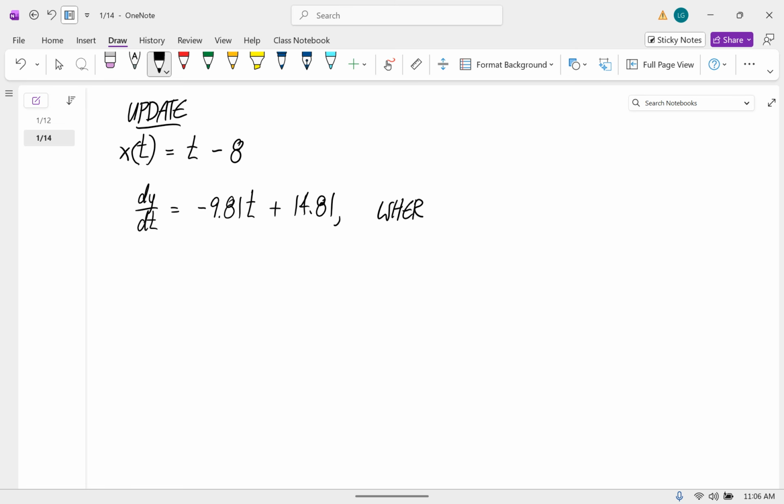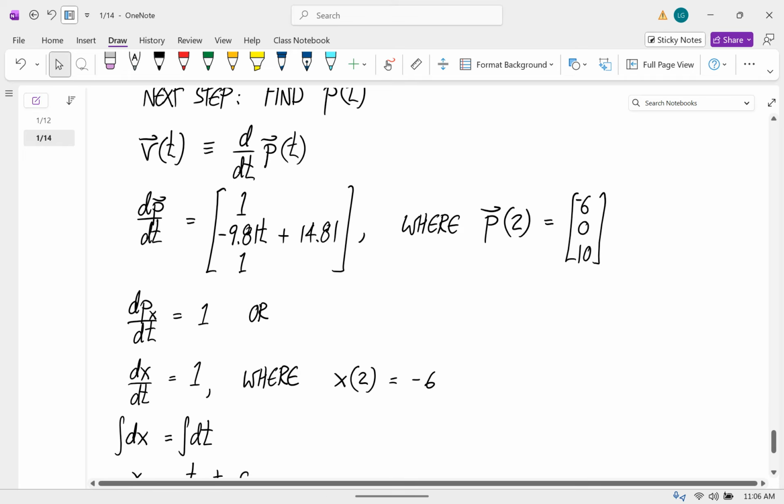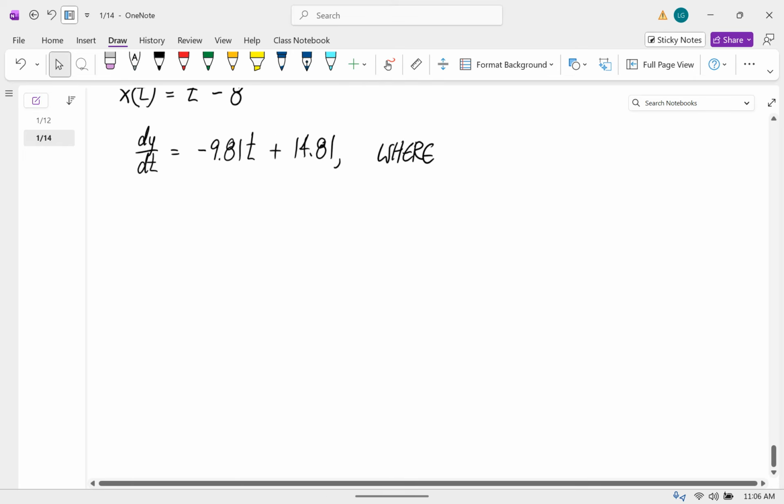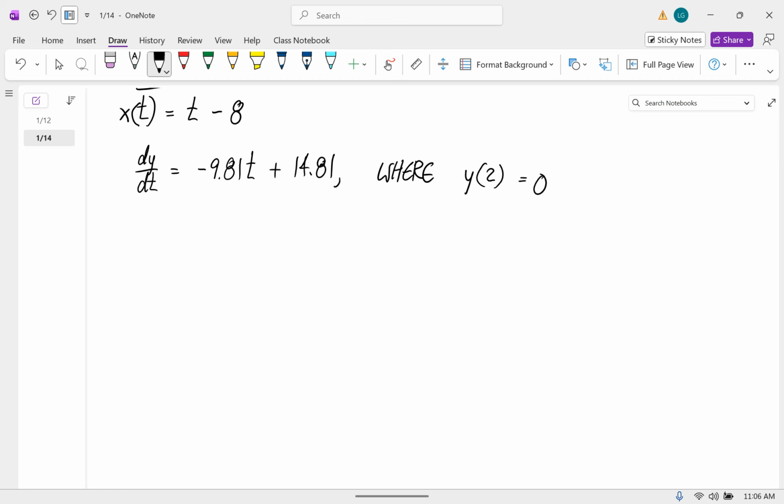And our boundary condition here says at time 2, y is equal to 0. So let me give you a fake amount of time to do this problem, and then pull the rug out from under you before you have a chance to finish.